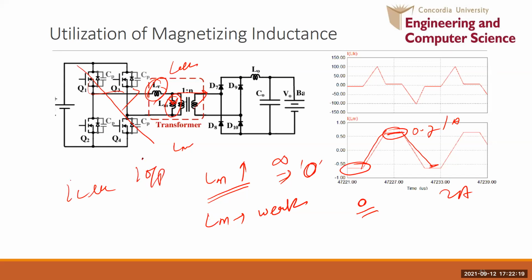Now if you reduce the transformer magnetizing inductance, then you are increasing the leakage current. And this is able to obtain soft switching at light load condition, because at light load this magnitude will increase further.